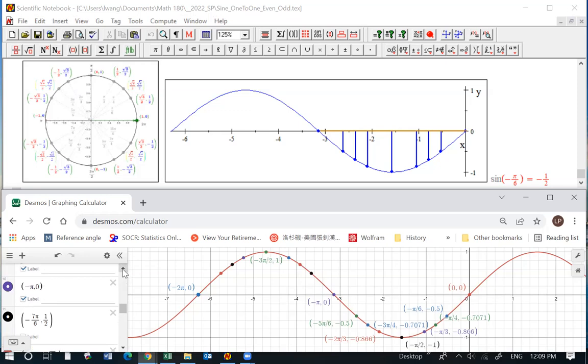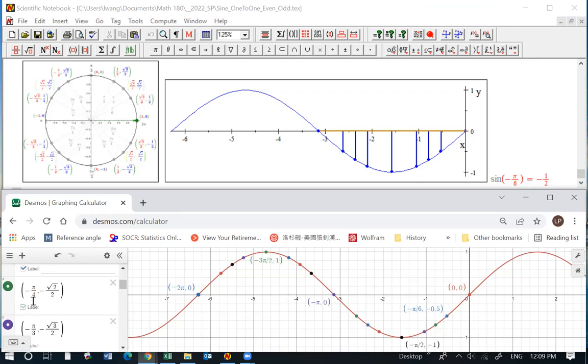Negative pi right there. So if you have done all of these, you're going to be so good at this. And maybe you're going to teach me one or two things, right? You see how easy it is to do and how easy it is not to do, isn't it?